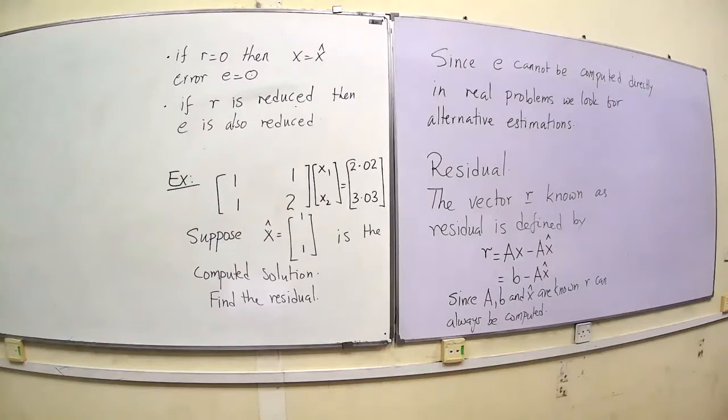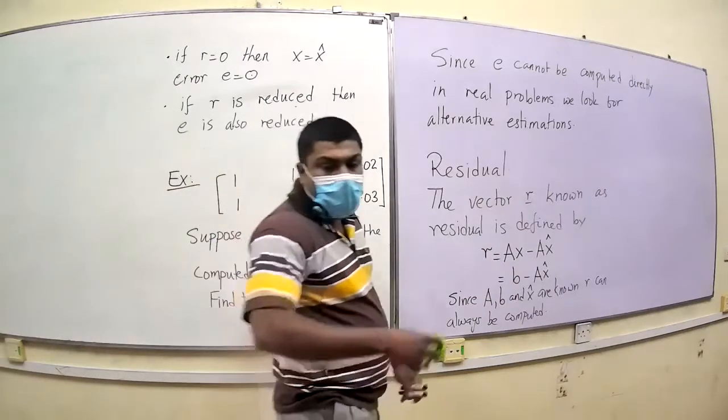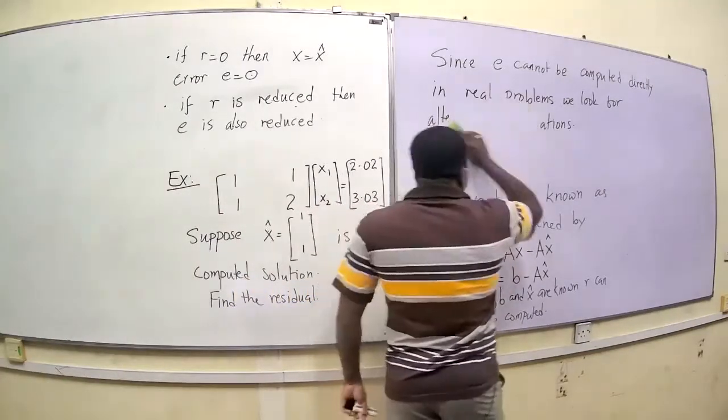Given a system of linear equations, 1, 1, 1, 2 times x1, x2 is equal to 2.02, 3.03. Right? So suppose that you have a computed solution x hat as 1, 1. So obviously you know that this is not the exact solution, by just looking at the problem. So they want you to find the residual, right? If you want to find the residual, you can easily find it.